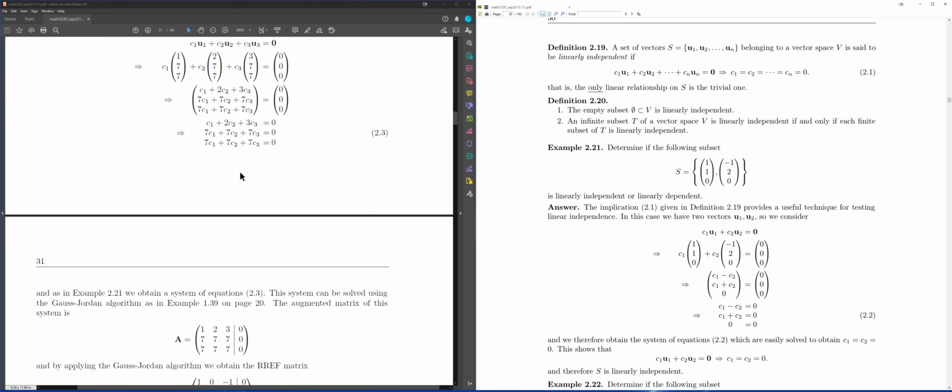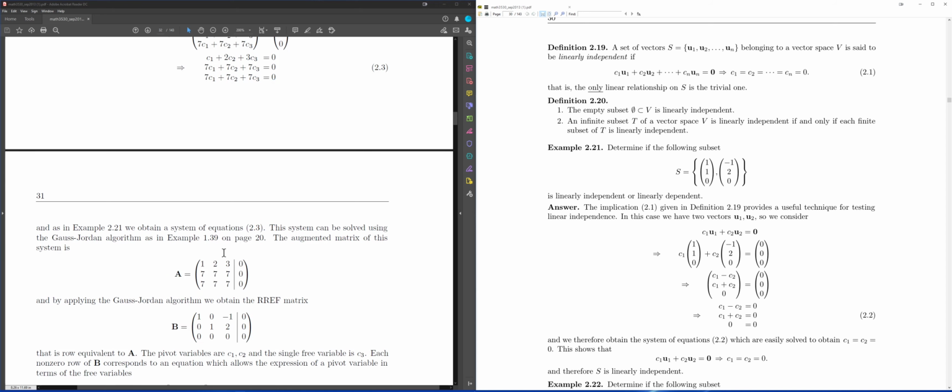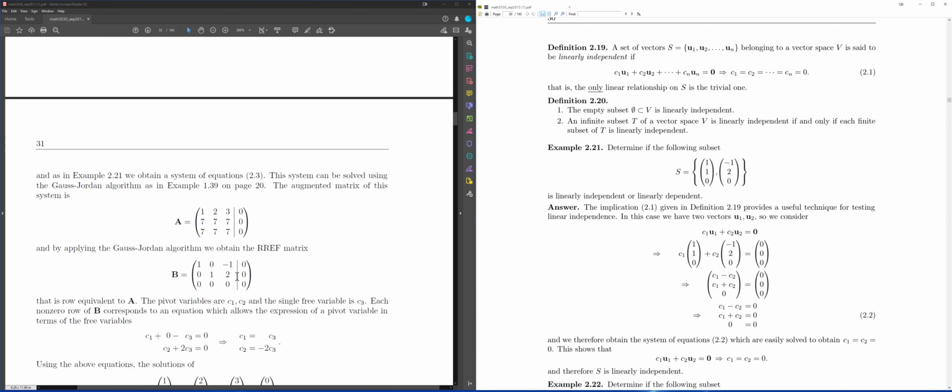So from this system over here, you form your augmented matrix. The entries in your augmented matrix are coming from the coefficients here. So for example, this is 1, 7, 7, which gives me the first column here. And once I have my augmented matrix, I apply Gauss-Jordan to it.